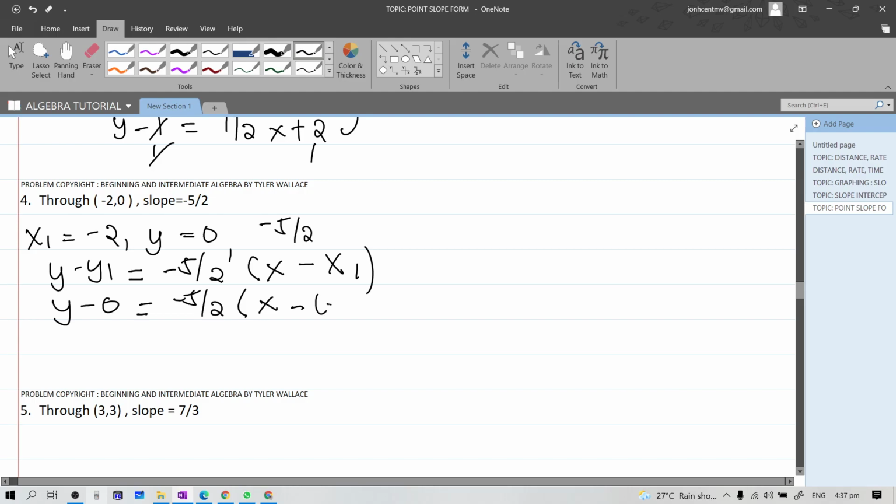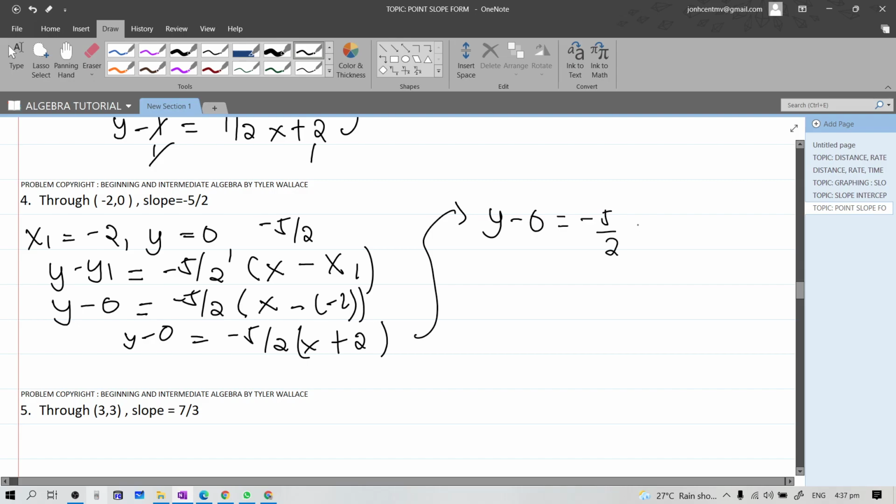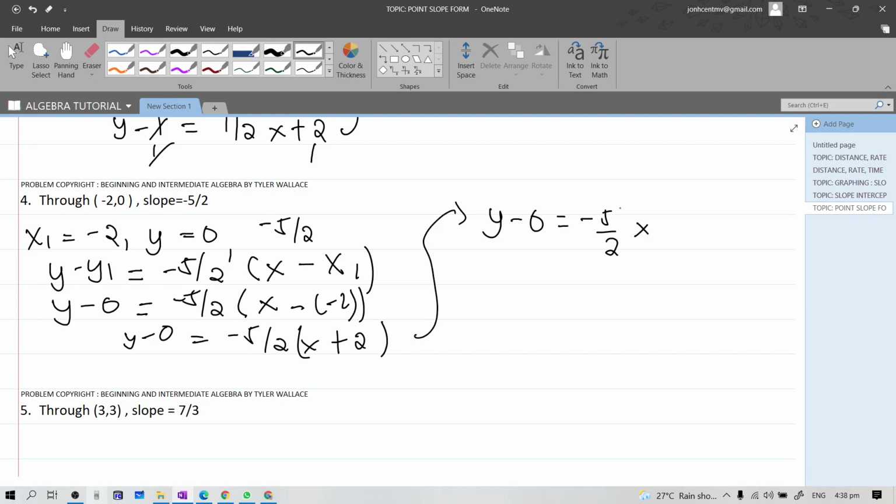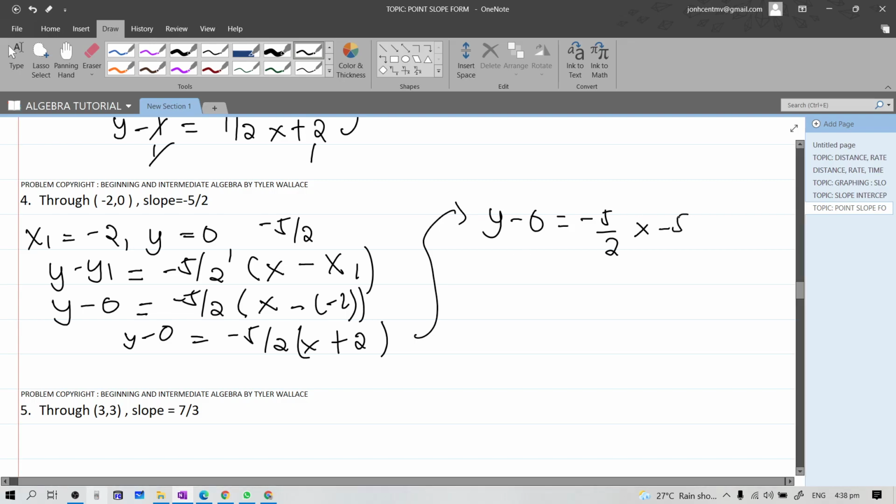So, it becomes y minus 0 is equal to negative 5/2 x plus 2. Okay? So, distributive property, y minus 0 is equal to negative 5/2 x minus 5. Okay? So, this cancels out. Negative times positive is negative. So, add 0 to both sides. You will have y is equal to negative 5/2 x minus 5. So, this is the answer.